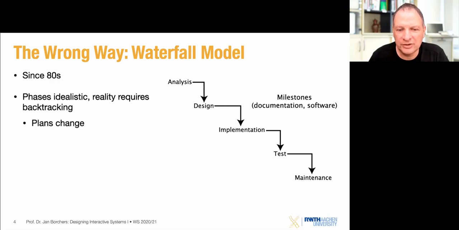We assume that we never need to go back from our implementation and test to redesign our system, and that's just not right, because a couple of things can happen. When you start out and build something, and let's assume you've got a perfect picture of how everything needs to work, and then you huddle down and write the code and develop the software over a year or so, and all of a sudden Corona happens, or the iPhone gets introduced, and everybody wants the iPhone to be part of your software solution and to be able to access it with their mobile devices.